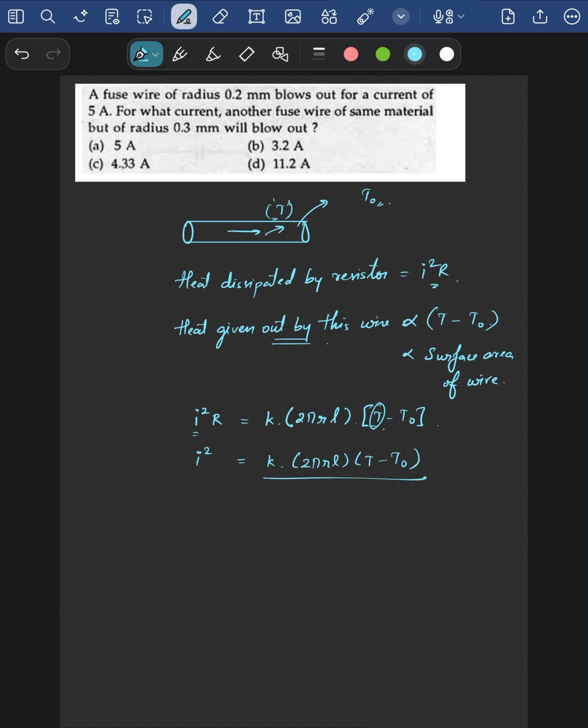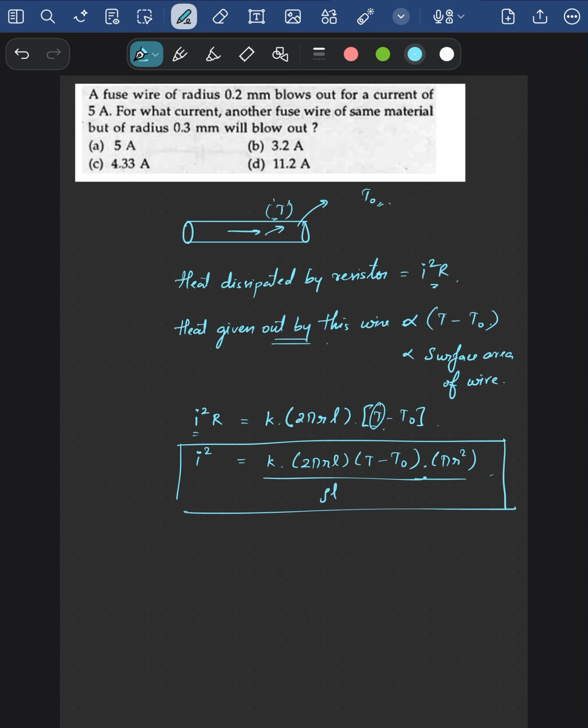The resistance of the wire is rho L divided by pi R squared. What we have derived is the relation between the current needed to blow out, or melt, the fuse wire.